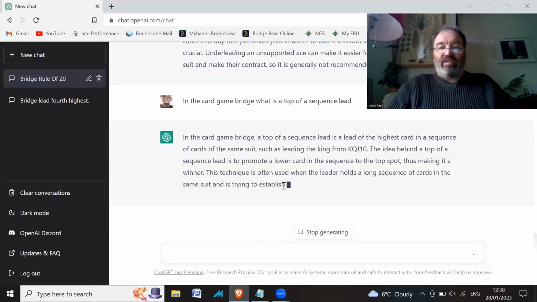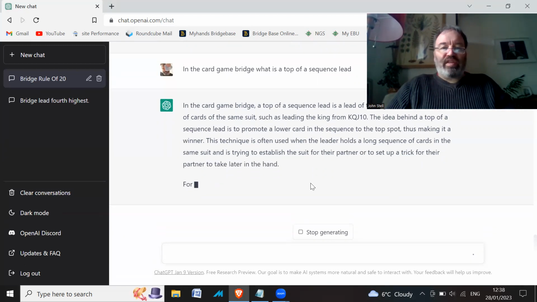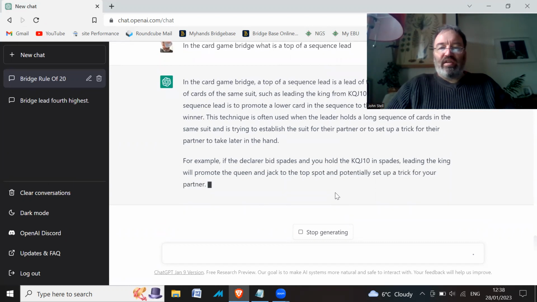This technique is often used when the leader holds a long sequence of cards in the same suit and is trying to establish the suit for their partner, or to set up a trick for their partner to take later in the hand. For example, if the declarer bids spades and you hold king, queen, jack, 10 in spades, leading the king will promote the queen and jack to the top spot and potentially set up a trick for your partner.